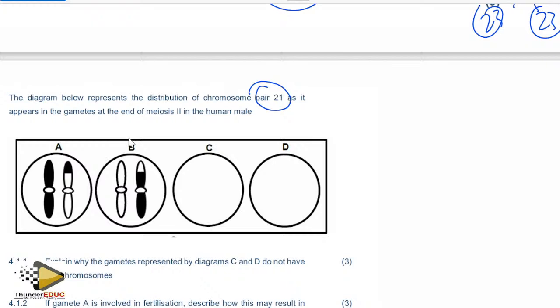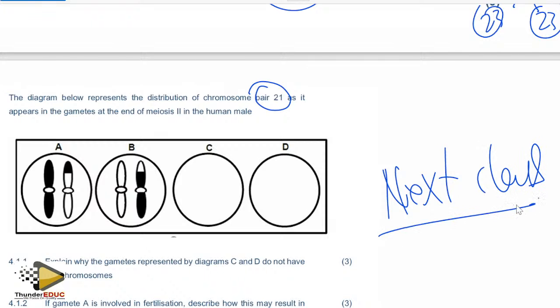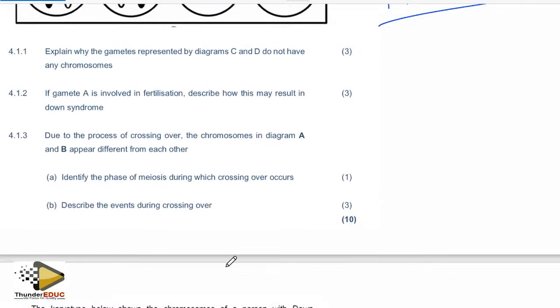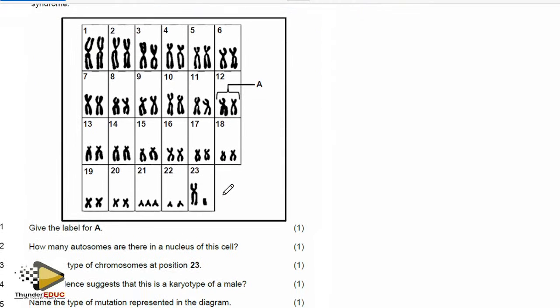It means that it will be our next class. After doing non-disjunction, we will come back to this question and then we'll be able to answer it. Even the one asking you to describe the process of crossing over, we will be able to answer all those questions in our next class tomorrow, God willing. By the way, inshallah means God willing.